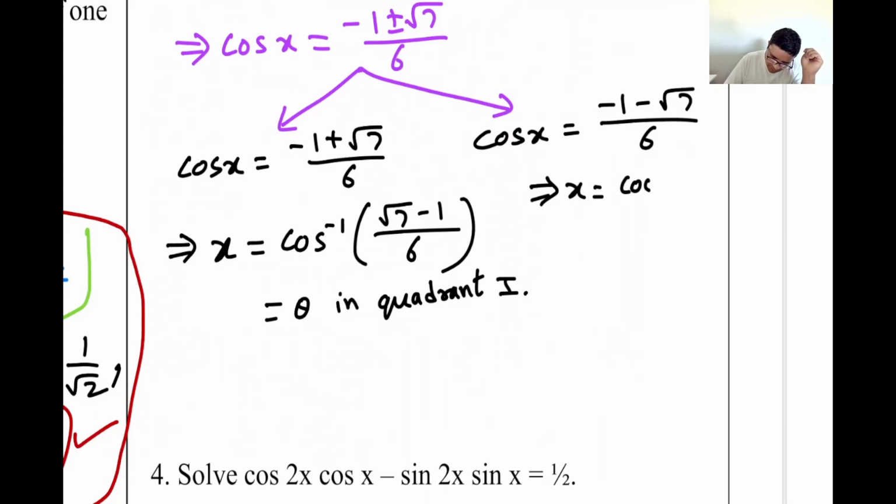And on the right side, you get x equals cos inverse of negative root 7 minus 1 over 6. We're writing in a similar format for consistency.